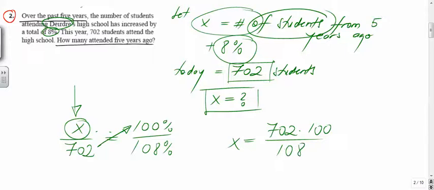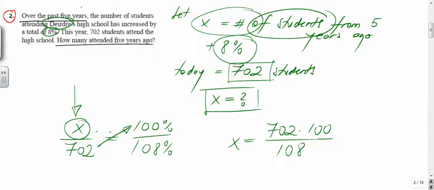Okay? Now, before you multiply the top and divide by the bottom, you can look for common factors in here, right? What you guys notice, 7 plus 0 plus 2 is 9, 1 plus 0 plus 8 is also 9, so both top and bottom numbers are divisible by 9.